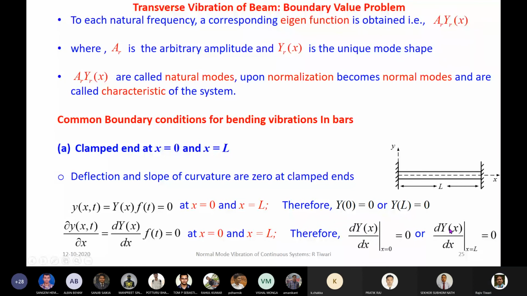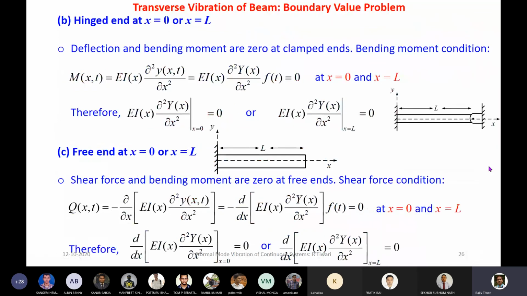The slope at both ends is 0. So in the fixed case, both displacement and slope will be 0 at the ends. Then fixed on the hinge: in this case, we have displacement 0, but at the hinge end, sorry, at the free end, this end only, the bending moment will be 0 and the displacement will be 0 here.